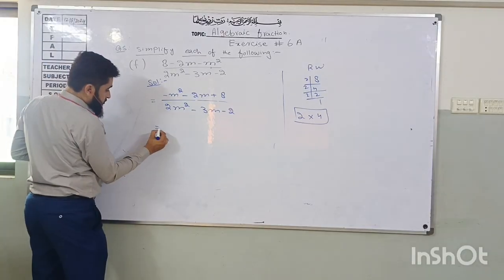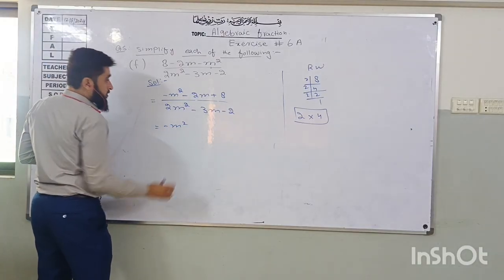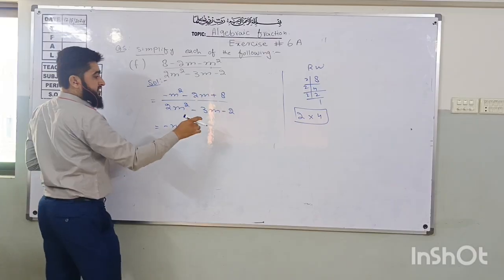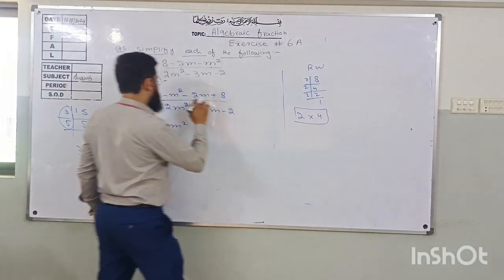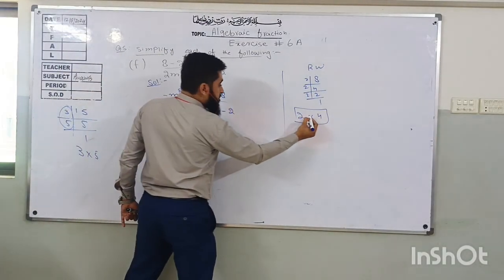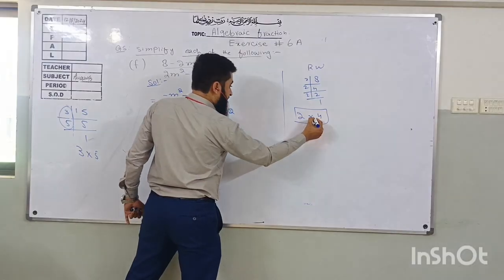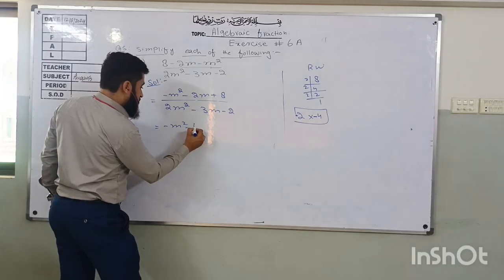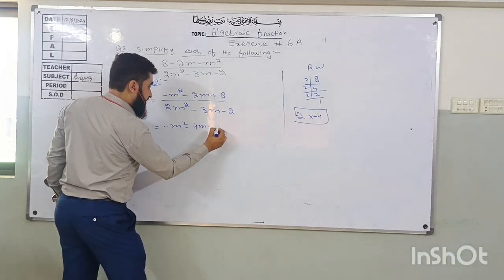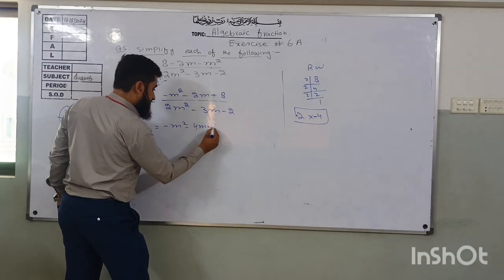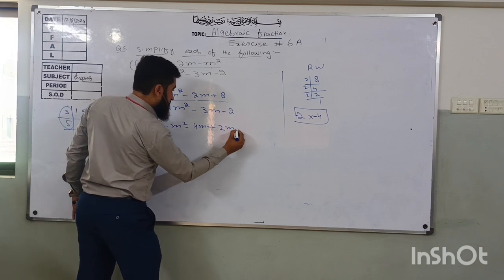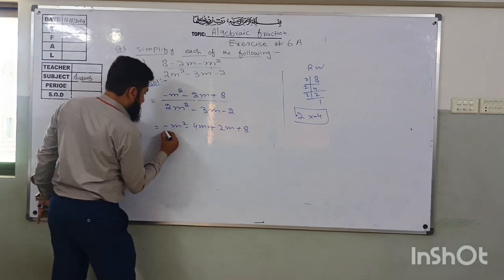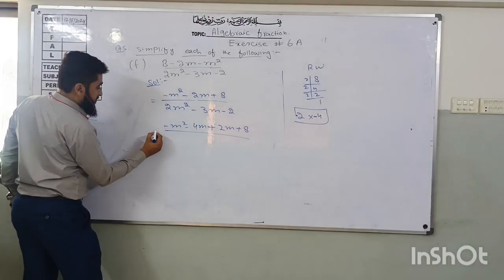Minus m². Both have opposite signs. We need a negative sign, so we put a negative sign with 4 and a positive sign with 2. So −4m plus 2m plus 8 upon, again we will make factors.